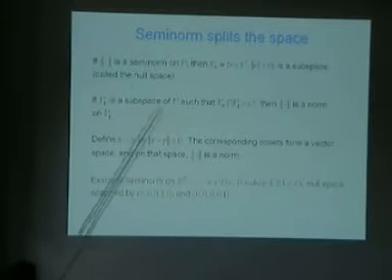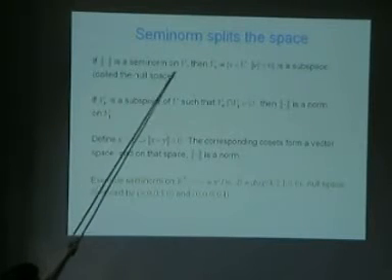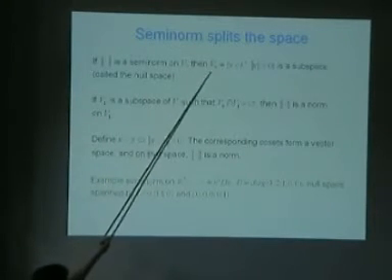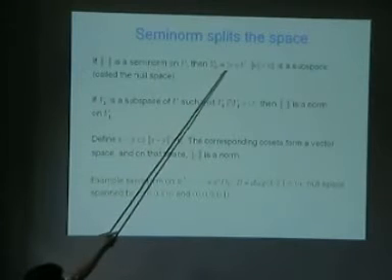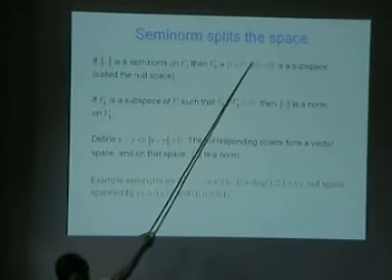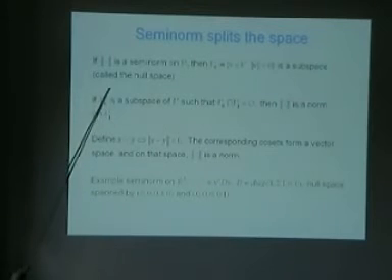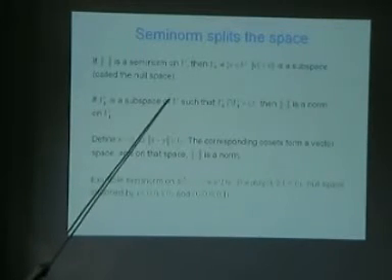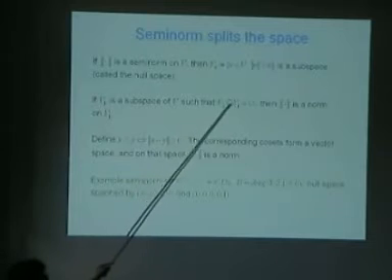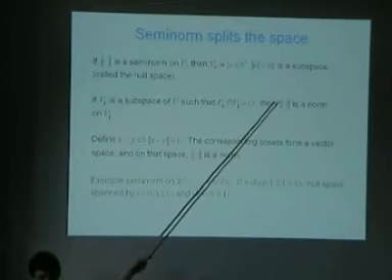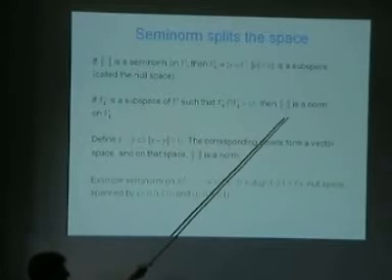If this function is a seminorm on the vector space, all those vectors with the seminorm equal to 0 form a subspace. It's called the null space of the seminorm. And if V1 is a subspace of this vector space with zero intersection with the null space, then in fact you've got yourself a regular norm on this other subspace.